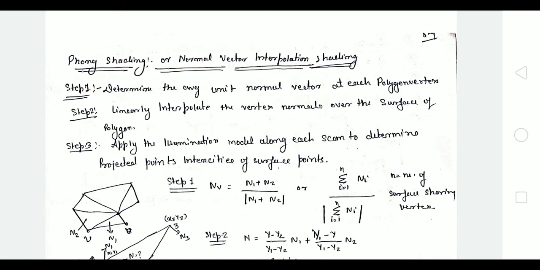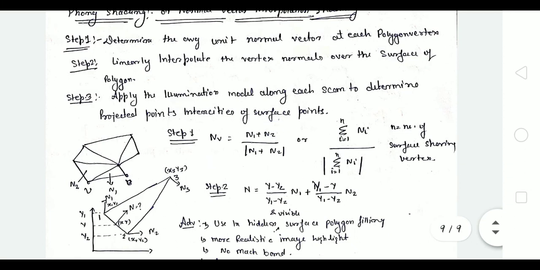So for that intensity we have to use Phong shading. In Phong shading, for that white spot point, we use this formula for n, and then we can find the intensity value.